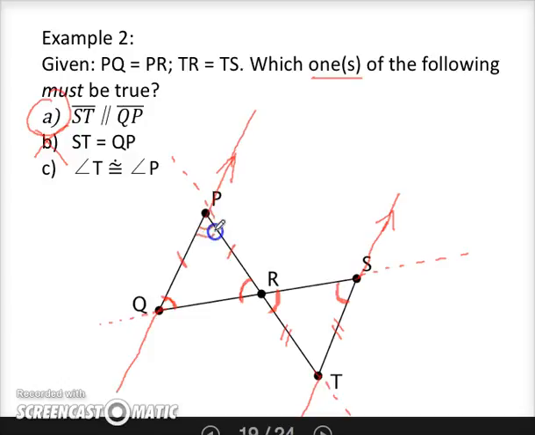I'm going to put a double congruency mark here and here because we have not shown that this angle is congruent to the ones that I marked before. But we can deduce from the fact that PQ and ST are parallel that angle P and angle T are congruent. So yes, I do have that one.